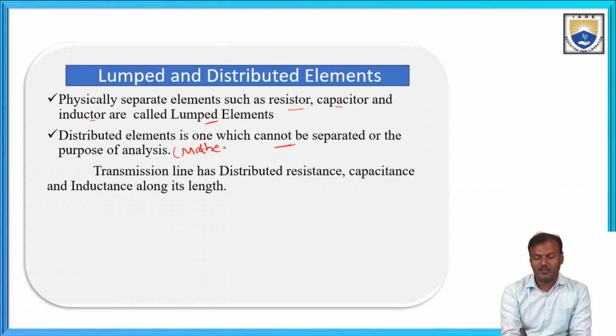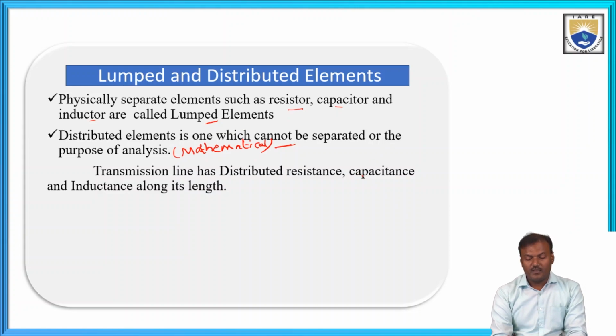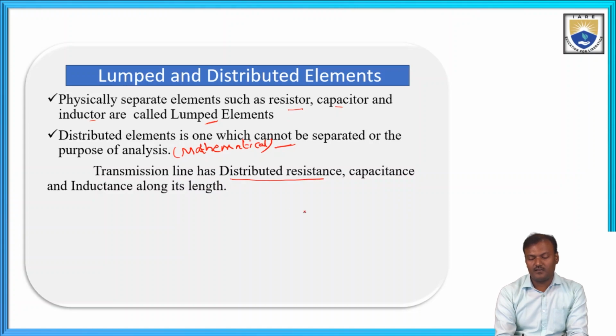When we are doing mathematical modeling or analysis, we cannot separate them. Transmission lines have a distributed resistance, distributed capacitance, and distributed inductance throughout their length. So these are the differences between lumped and distributed.